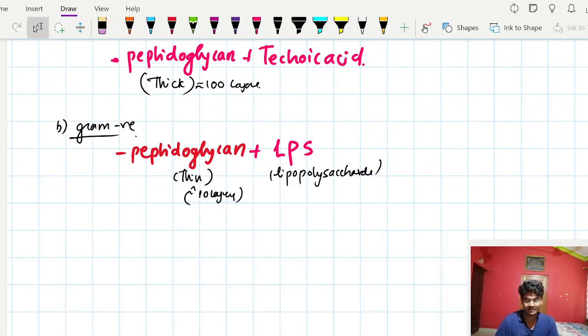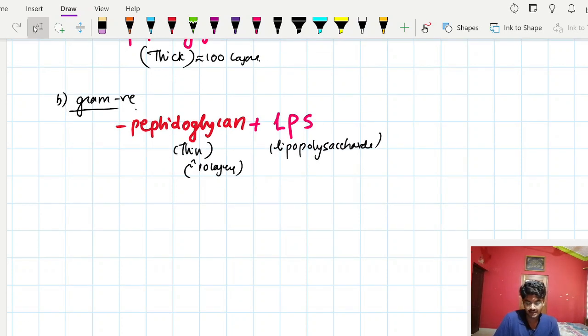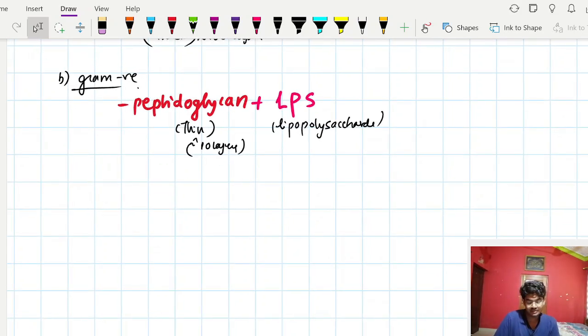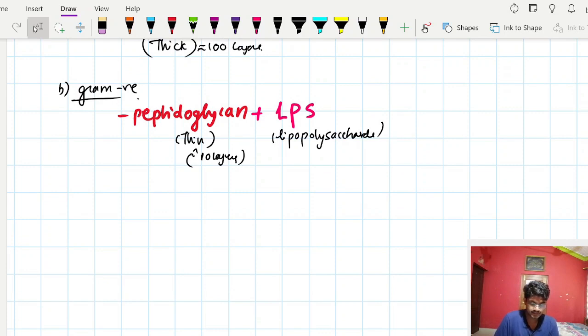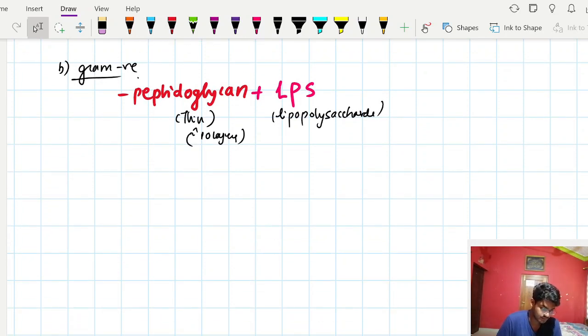But later, after adding the decolorizer and then safranin, they take up the safranin dye. That is why they are pink or red in color. So gram negative bacteria have peptidoglycan and lipopolysaccharide.